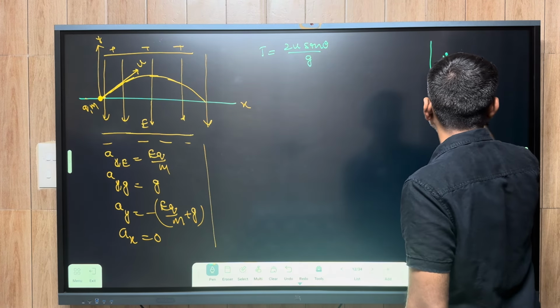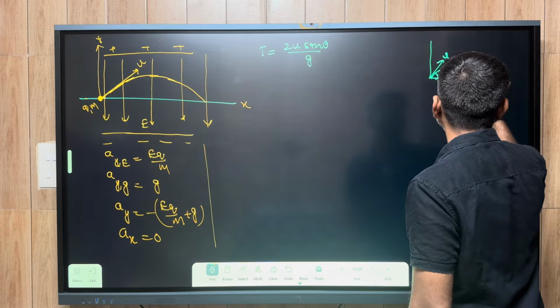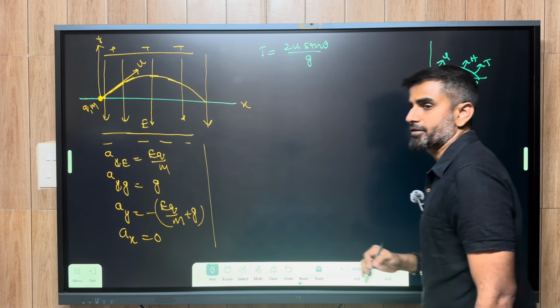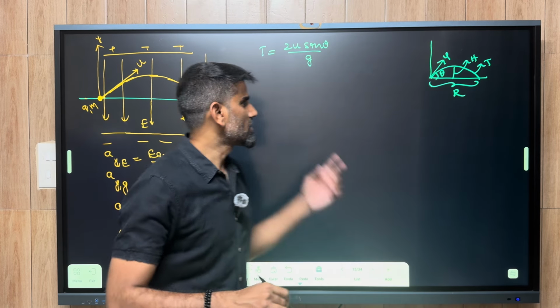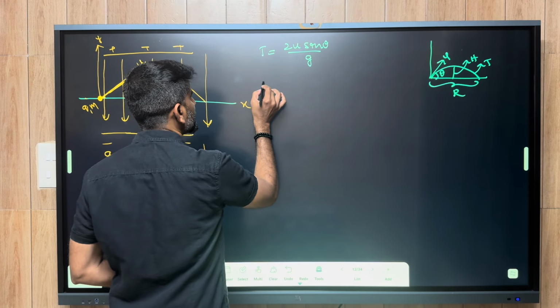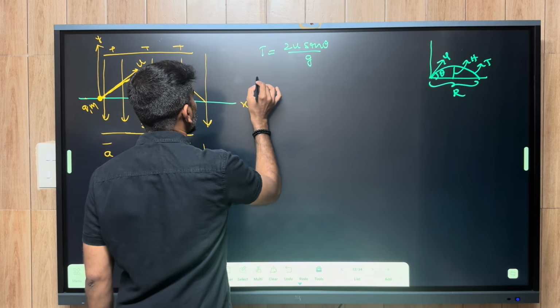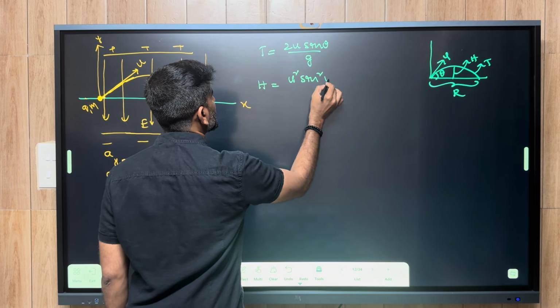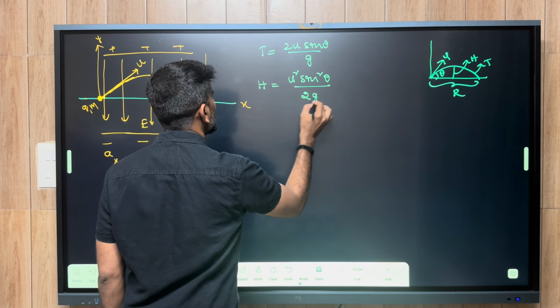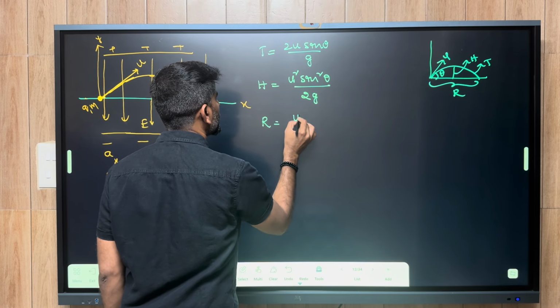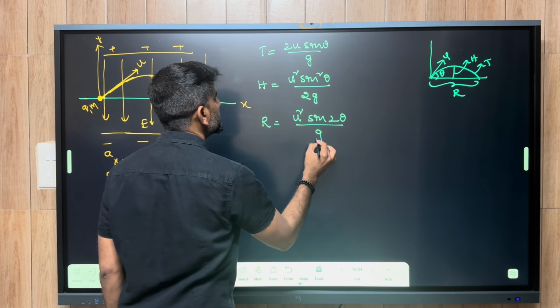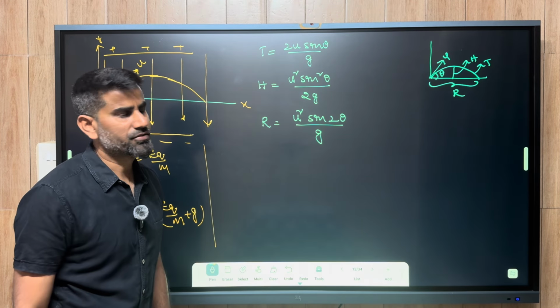Now maximum height is h, time of flight is t, and maximum horizontal range is r. The general formulas: time of ascent is u sine theta by g, maximum height h is equal to u square sine square theta by 2g, and range r is equal to u square sine 2 theta by g. These are the basic formulas.